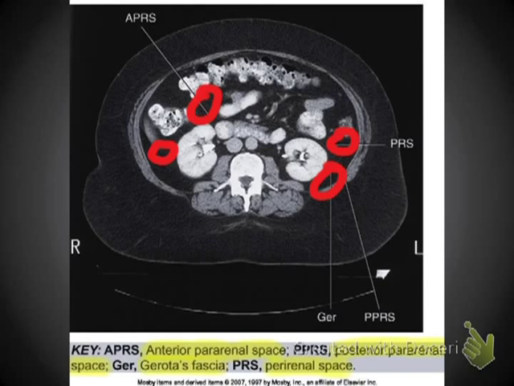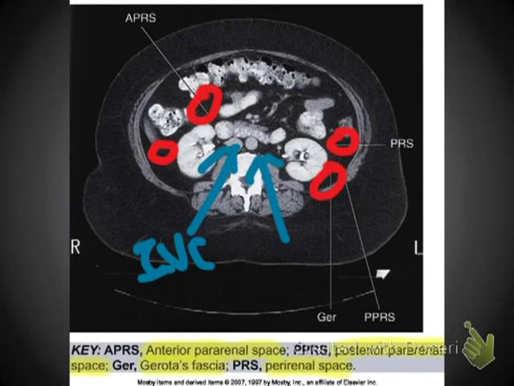Also, we have the inferior vena cava and the aorta here.